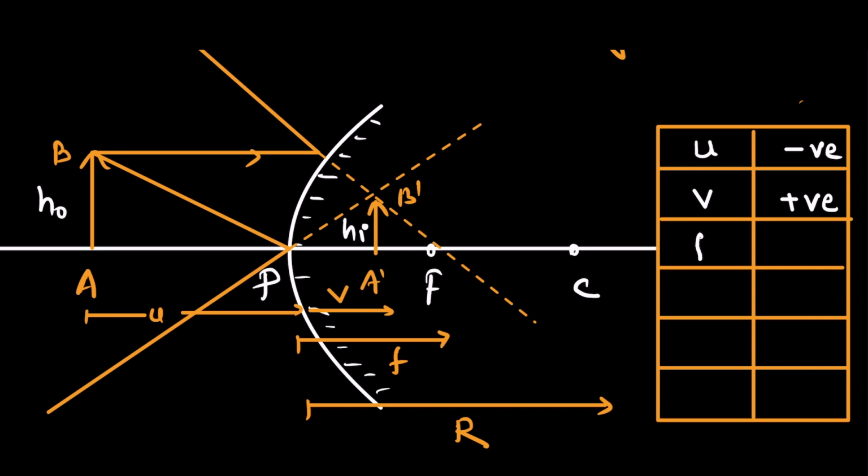F, which is the focal length, is on the right side, so it is considered as positive. Next, height of object is considered as positive. Height of image, again it is positive because both are in the upward direction. Next, radius of curvature is on the right side, so it is considered as positive.